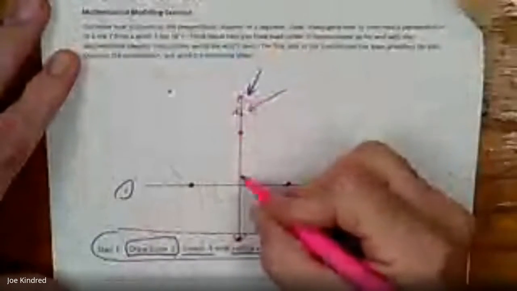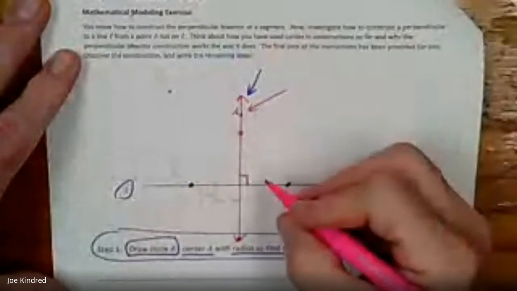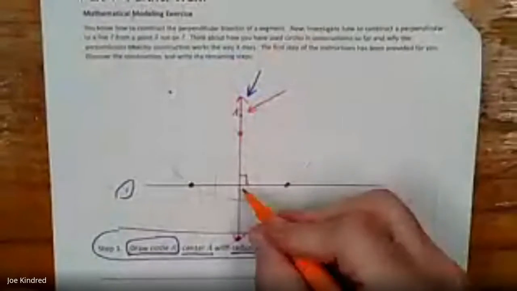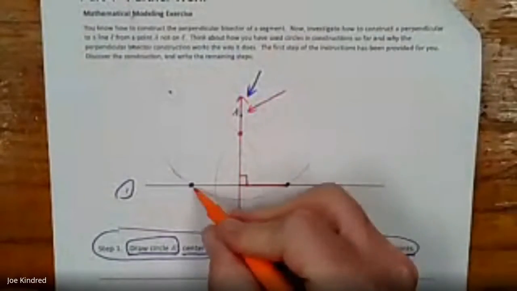Do a little half moon, same distance here, a half moon, and then you'll notice I'm looking for the point of intersection here and here, and if it's done correctly, it should go through point A, and it does. So here's the perpendicular bisector that goes through point A and forms a right angle. And as I will show, this distance here is equivalent to this distance here.